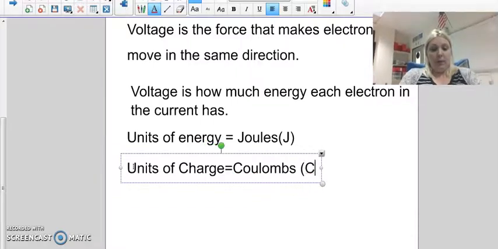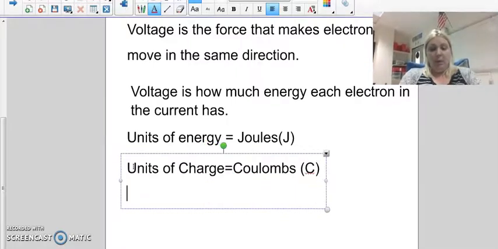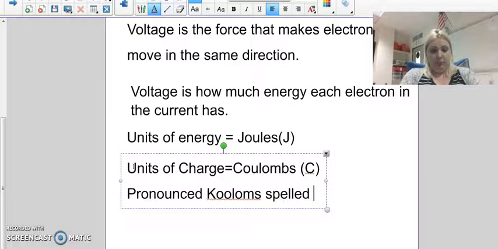And this one is abbreviated capital C. Now be very careful how you spell coulombs. It's pronounced coulombs, but spelled coulombs. Okay?